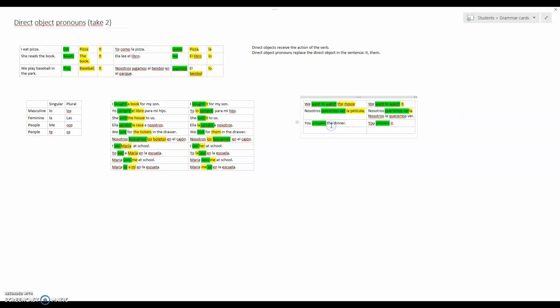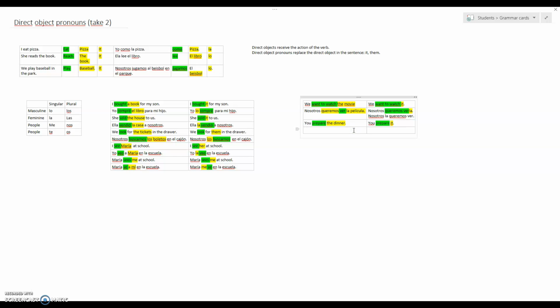Prepare. What am I asking you to prepare? I'm asking you to prepare the dinner. Dinner. I'm going to highlight that with yellow. Okay, that's the direct object. And I'm going to highlight this with yellow also. That's the direct object pronoun.